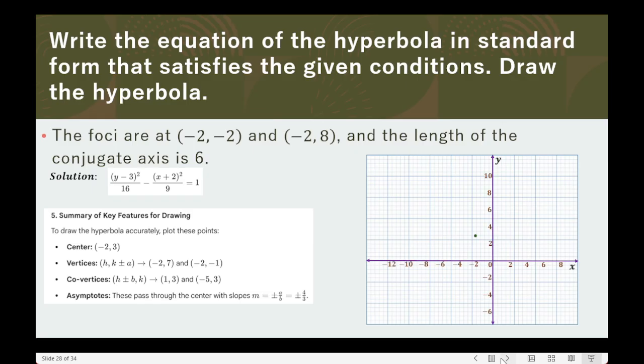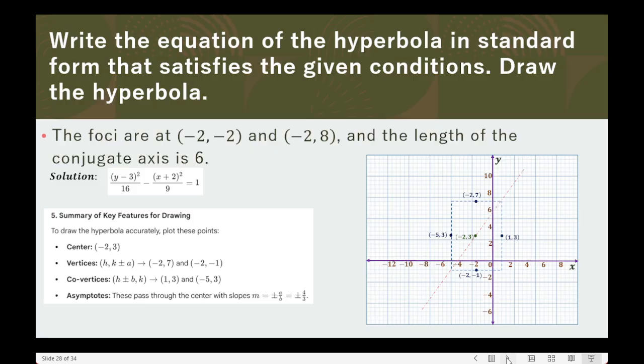Label some coordinates, then plot the center, -2, 3. And then plot the vertices, or the endpoints of the transverse axis: -2, 7 and -2, -1. Then plot the co-vertices, and these are 1, 3 and -5, 3. Then draw an auxiliary rectangle whose sides pass through these four points.